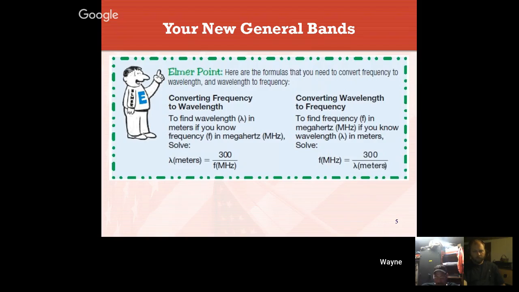Conversely, if you want to know the frequency, divide the wavelength in meters into 300 to get the frequency.